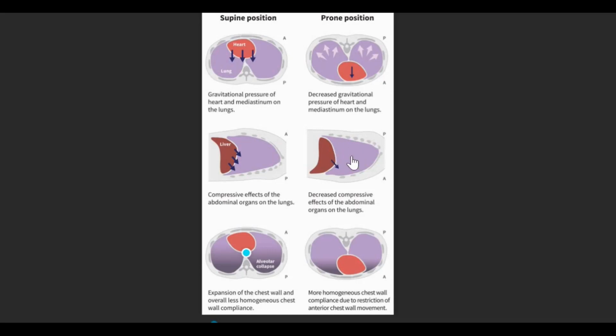So there is no compression from the abdominal contents. As a result, the dorsal alveoli is better aerated, is better ventilated now. So you are eliminating the compressive effect of the heart and the GI content when you prone the patient. As a result, the dorsal alveoli or alveoli towards the spine are better aerated.